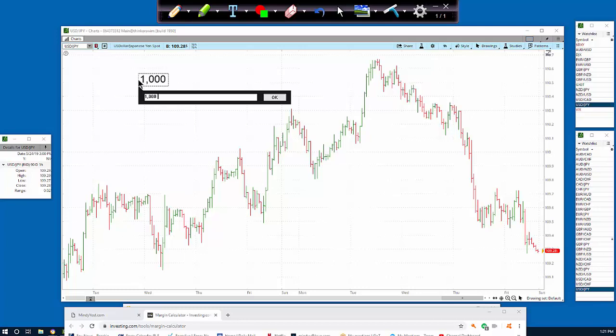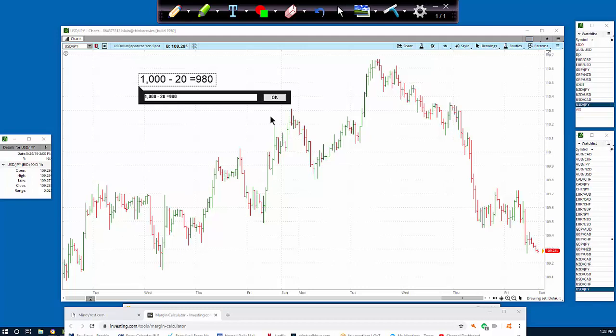That means that when I enter this trade, I'm going to be spending about $20 of my $1,000. So I still have $980 if I'm doing a 1 mini lot trade to manage this trade with.